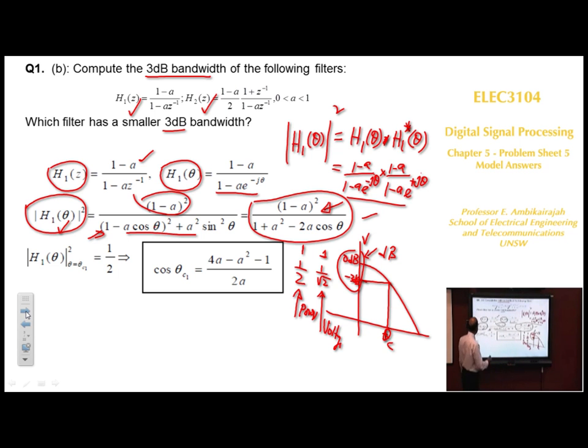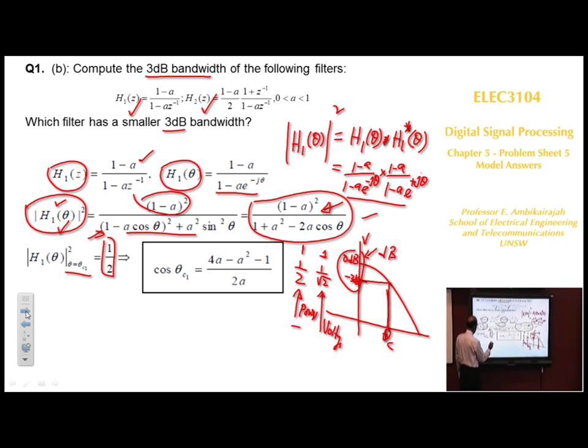In our case this is squared, so we just take the power part. So we are trying to find out θc, that's the cutoff frequency, when θ equals θc the power is equal to half. So when this is half, that point is what we are trying to find.